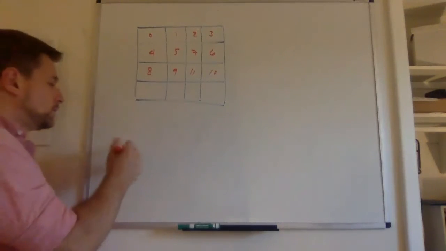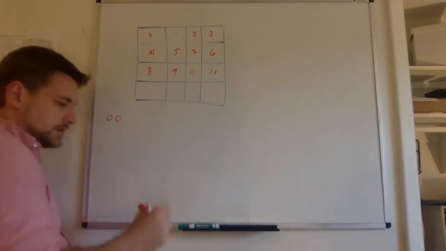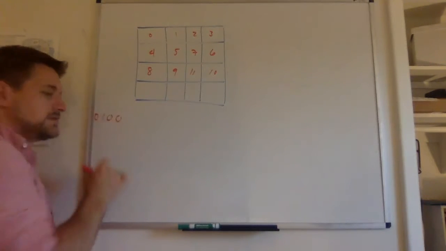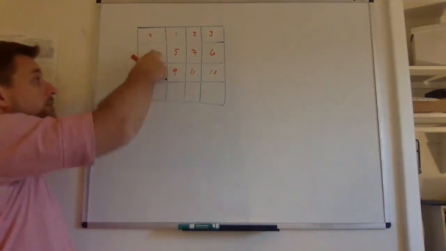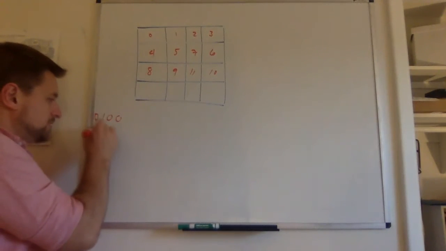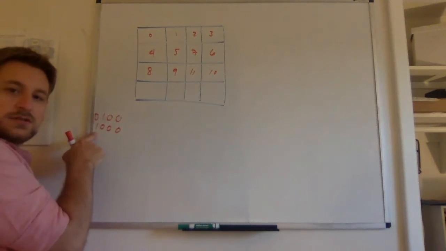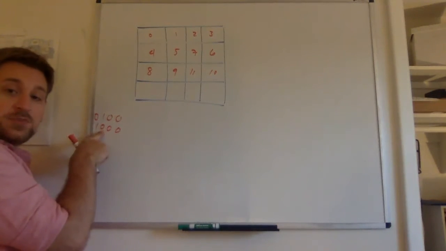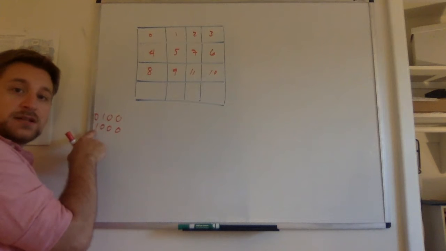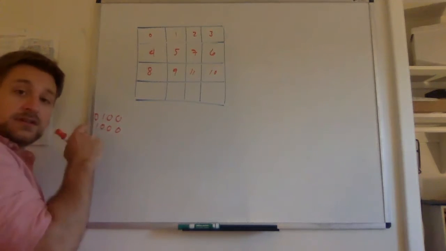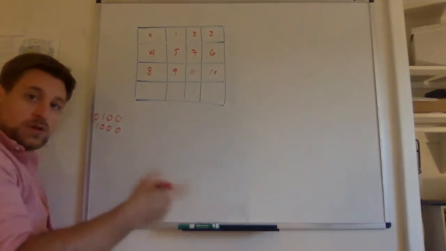But minterm 4, which is 0, 1, 0, 0, and minterm 8, which is 1, 0, 0, 0, I've got to change the value of this bit and the value of this bit. So it doesn't differ by only 1 literal.